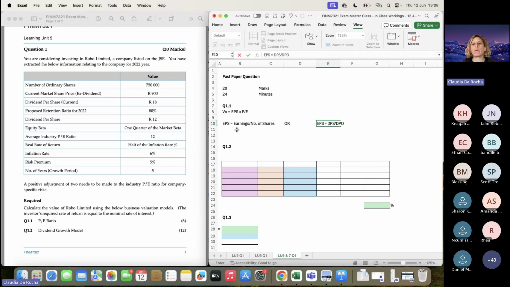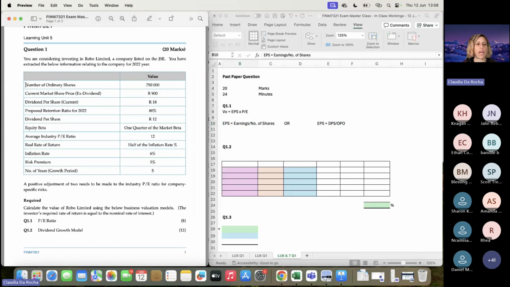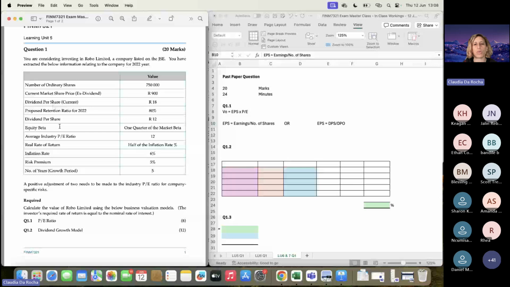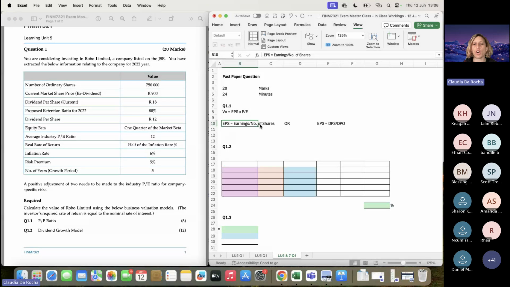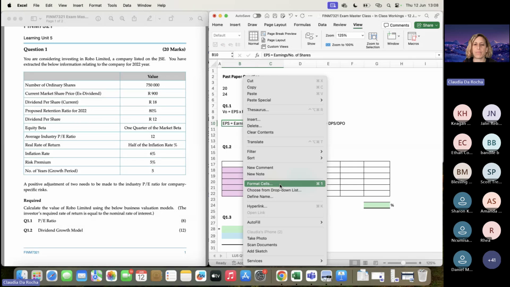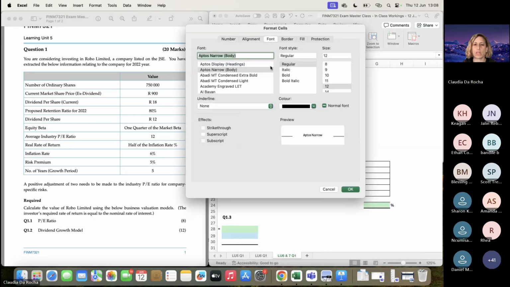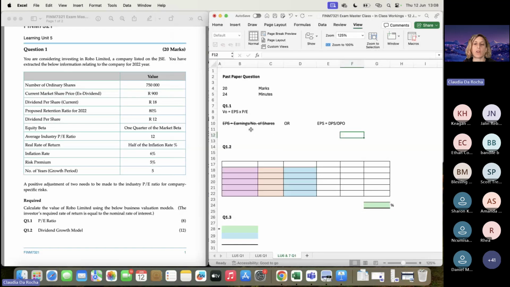Okay, so we need to see what we have. If we look at the information here, we have the number of ordinary shares, great, but we don't have the earnings. They haven't told us what the earnings for the year are. Which means we can't actually use this formula. So we can't use that, right?